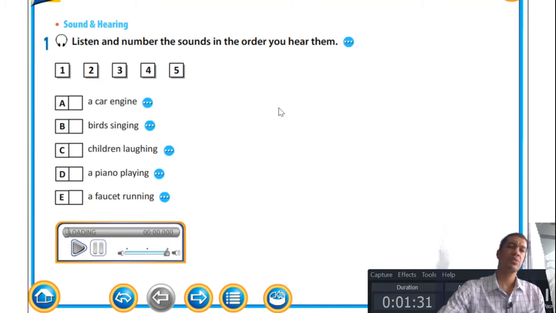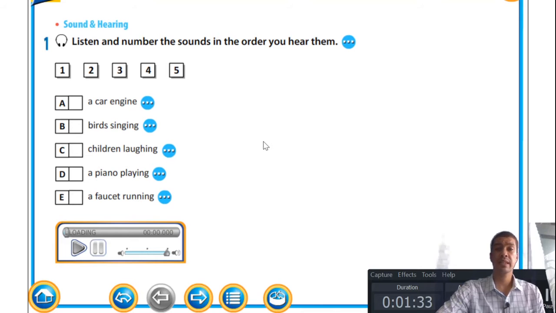You will hear different sounds. You should identify these sounds and place them in the correct order. For A, B, C, D, and E, we have numbers 1 to 5 that we will place in the correct box. Let's start with our first audio clip.